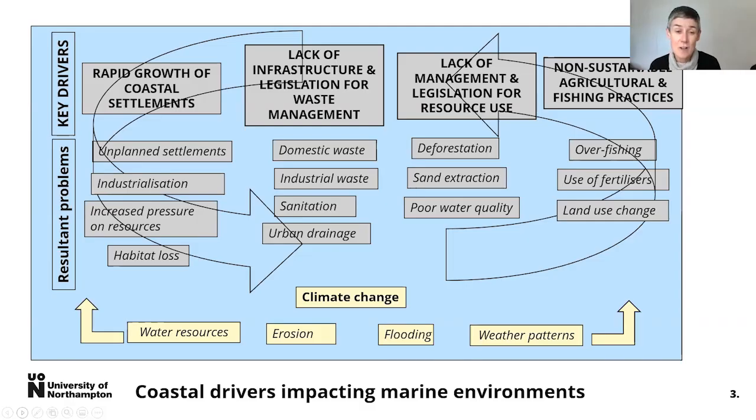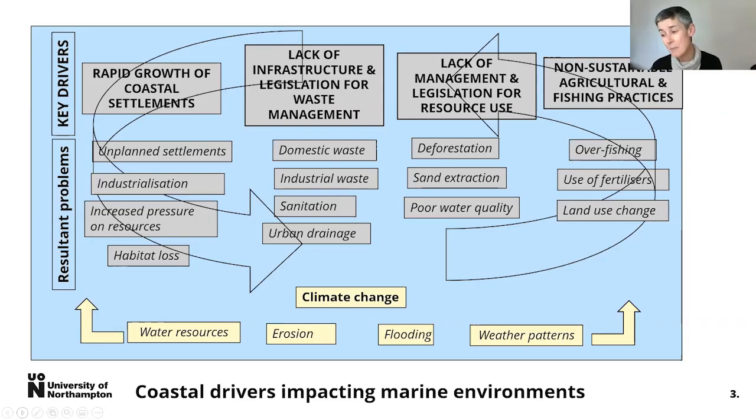And then a lack of management and legislation for resource use, and how that's changing the land use at the coast, and then that's influencing marine environments around deforestation, sand extraction, and water quality. And then finally, changing practices in agriculture and how that's changing land use, and changing practices in fisheries.